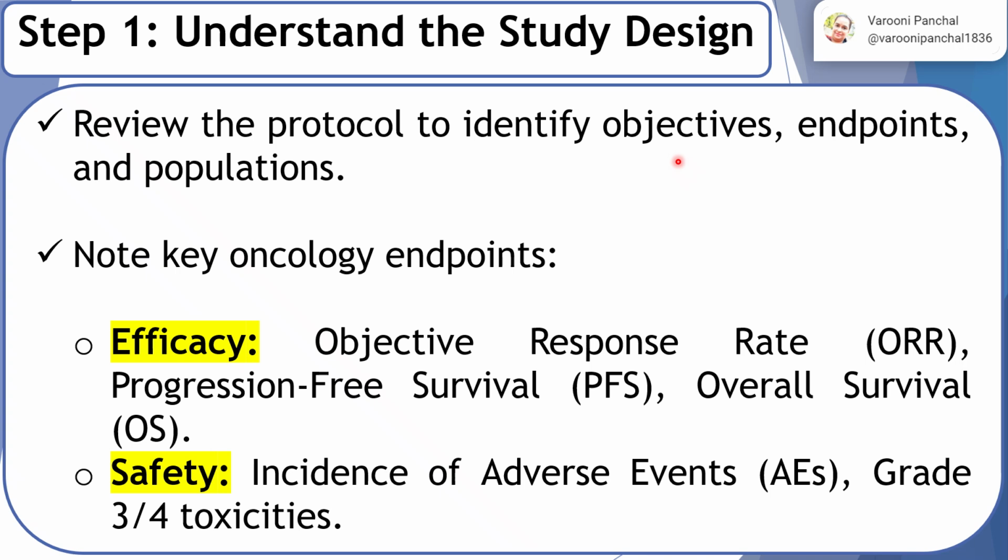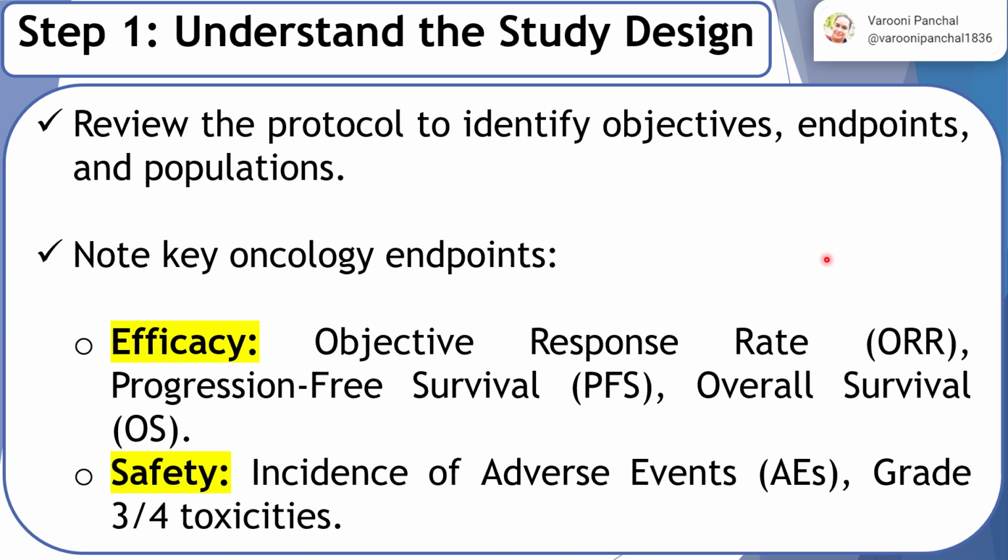Once you have read and understood and your things are clear, you will come to know, okay, the objective of the study is to ensure that the tumor size should reduce, and these are my endpoints. And generally in oncology the endpoints are efficacy or objective response rate.